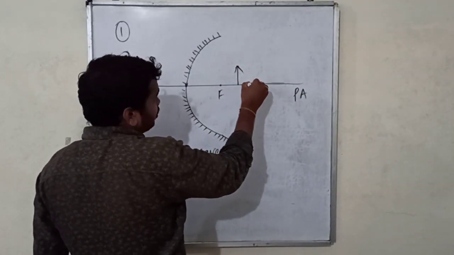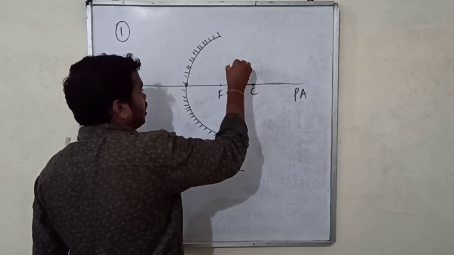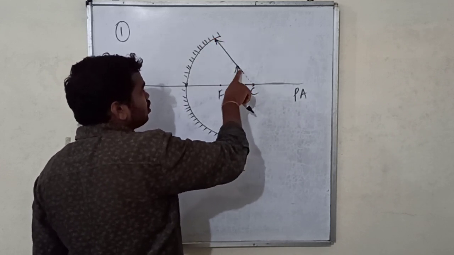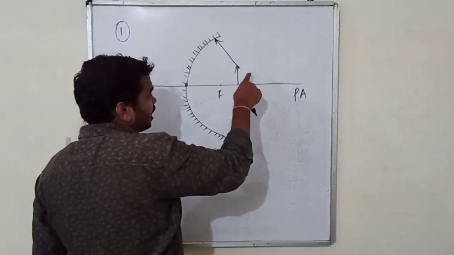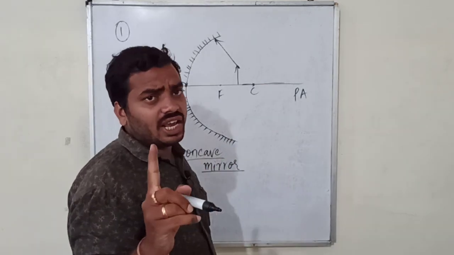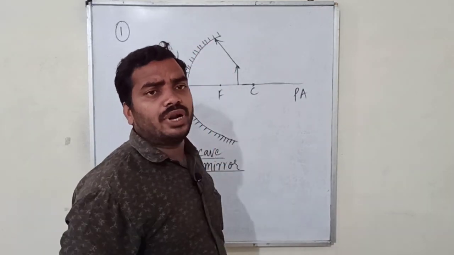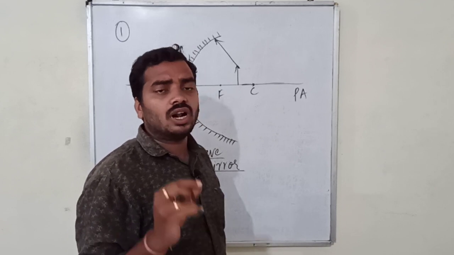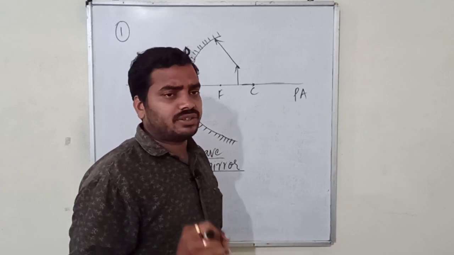If you consider a straight ray, you see, this is the incident ray. It is not passing through the center, but if the incident ray was extended back, it is a ray which passes towards the mirror. Always the ray which passes towards the mirror and falls upon the mirror is called the incident ray.